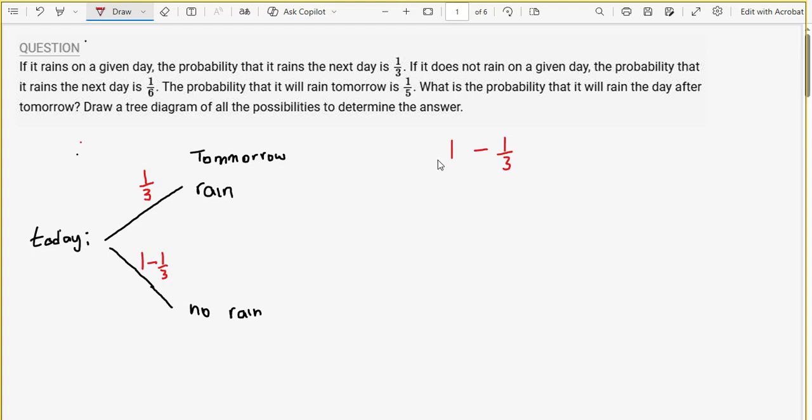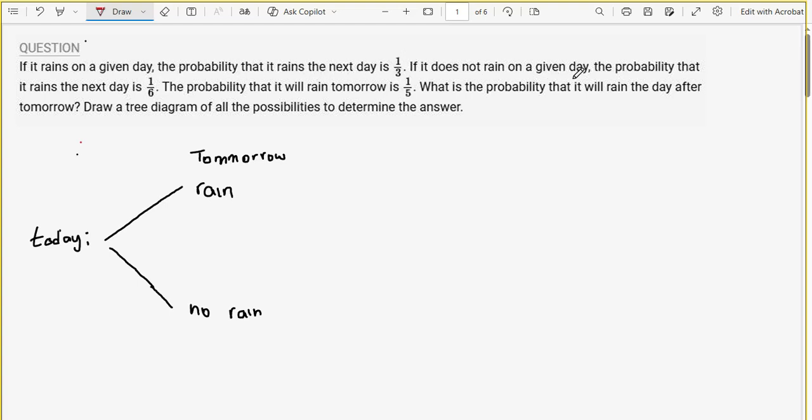Okay, I think it's fine. Let me just rephrase from what we are doing. We are taking this the wrong way, I see now. Let's go back. Read the statement and make sure that we understand it. If it rains on a given day, the probability that it rains the next day is 1/3.